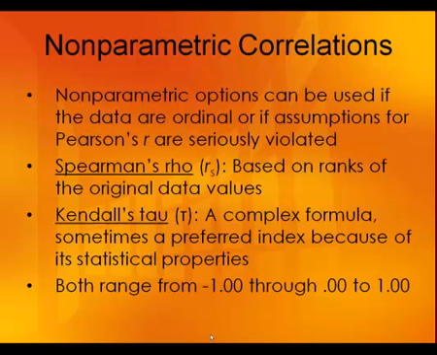Another one your book talks about is Kendall's tau, represented by a capital T. That's a really complex formula, and sometimes it's preferred because the index has nice statistical properties. But again, both still range from -1 through 0 to 1, a similar indication of -1 to 1.